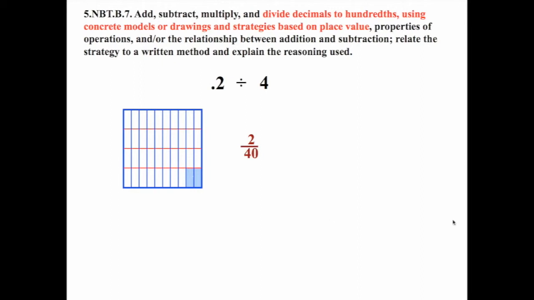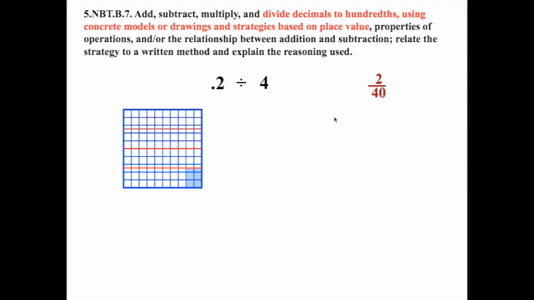So actually what we have now is 2 over 40. We have 2/40ths. Each one of these little shaded areas is 1/40th of the area of this unit square. But our problem is we have to express this as a decimal, and we have to deal with subdivisions of tenths, hundredths, and so forth.